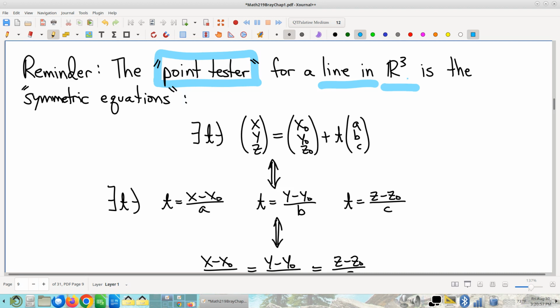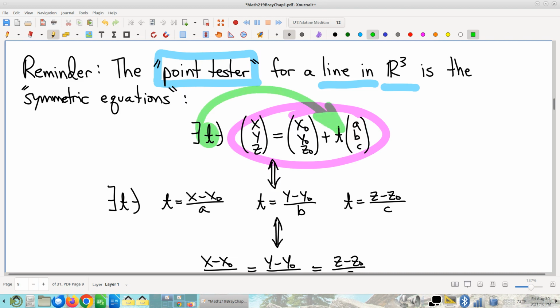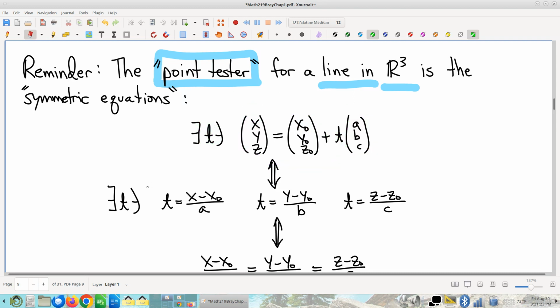So the big idea here is to just notice that if you parameterize your line, and then ask the question, is this point, whatever point I've been given to test, is it on the line? Well, I need to know whether or not there is a value of t that makes that work. Well, now, of course, there's three different equations here.